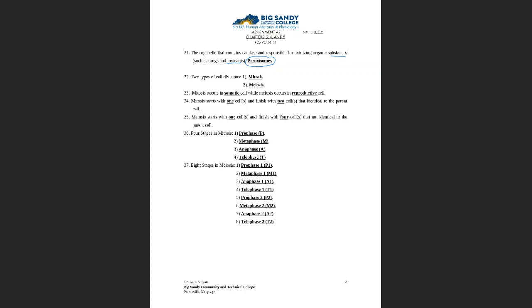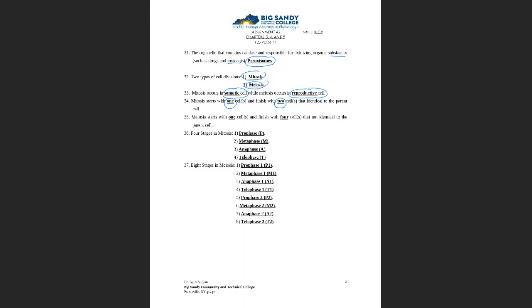Now, cell division. There are two types, mitosis and meiosis. Mitosis is somatic cell division. Meiosis is reproductive cell division. Okay? And somatic cell division or mitosis starts from one cell. It will produce two identical cells.